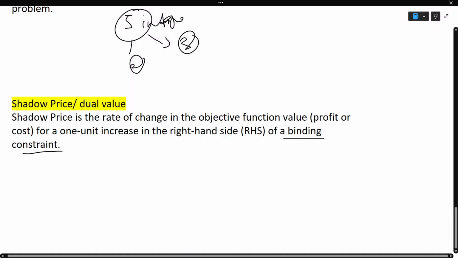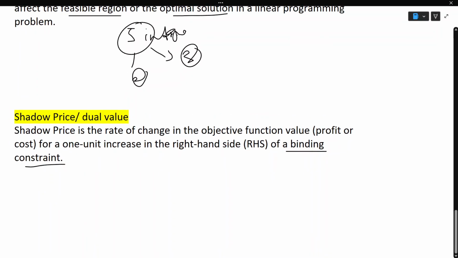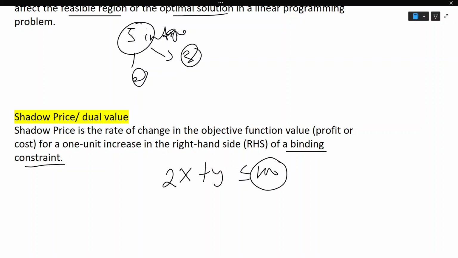Basically, you are looking at, like the example we saw, if we increase this one by 1 unit, what effect will it have on our objective function? That is the shadow price, or the dual value.